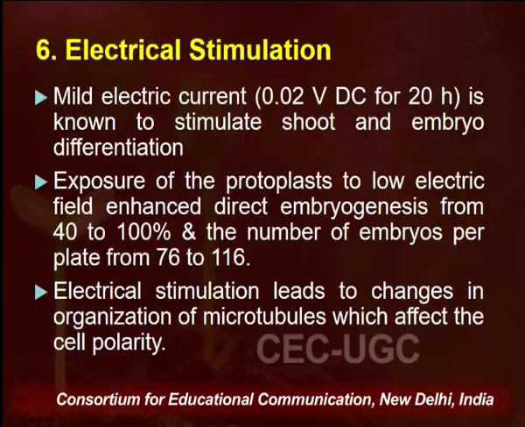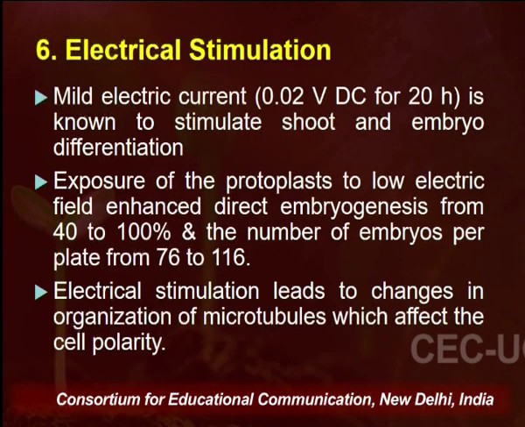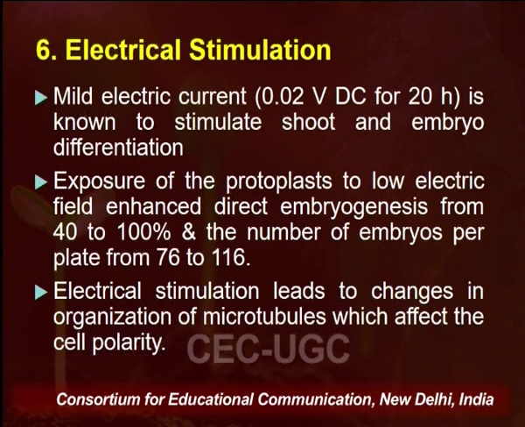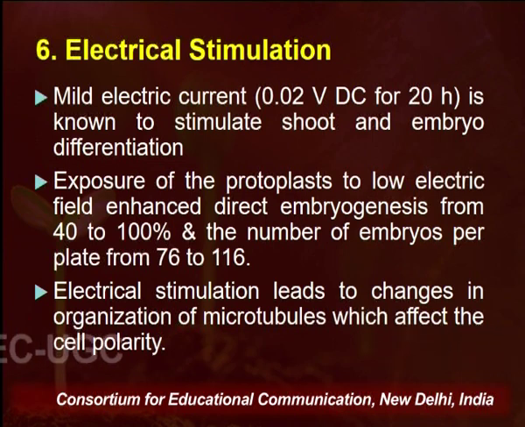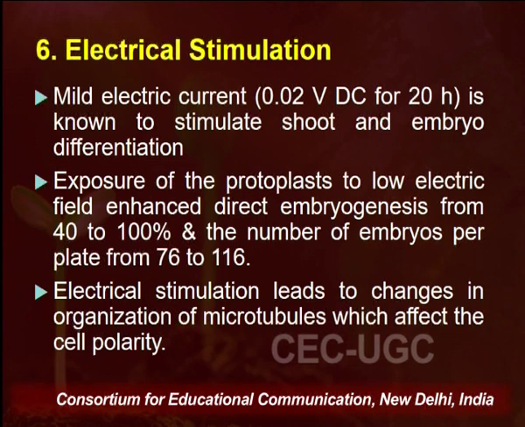The next factor is the use of electrical stimulation. It has been found that a mild electric current stimulates shoot and embryo differentiation. It has also been found that exposure of protoplasts to a low electric field enhances direct embryogenesis from 40 to 100%.